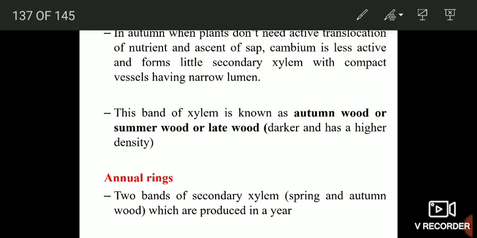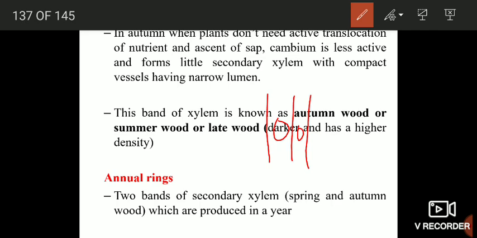This band of xylem which is produced during autumn, this is known as autumn wood or summer wood or late wood. Okay, you can clearly identify this autumn wood or late wood in terms of its dark color and a higher density because I have already told you that the individual vessels possess a narrow lumen but they are compactly placed.